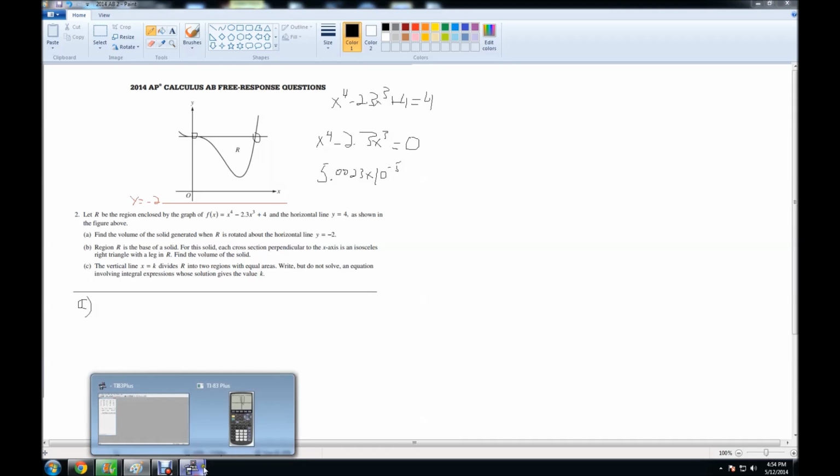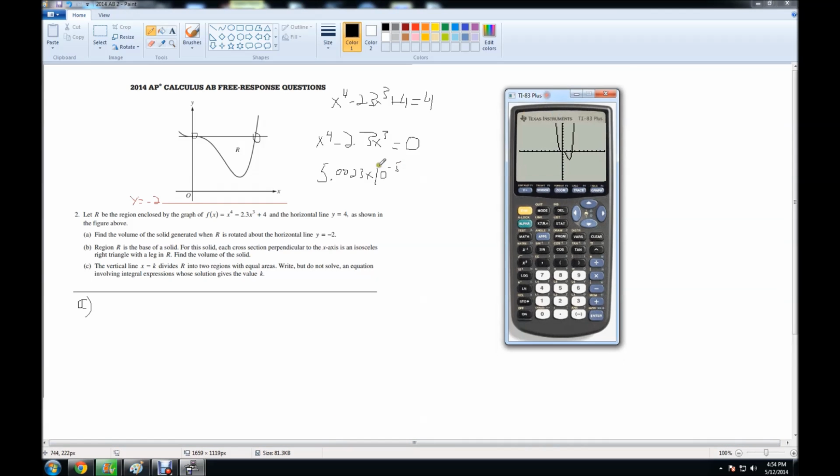Now, when a calculator gives you a number that's this small, or this close to a certain number, it's understood to be the whole number nearest to it, because this is 0.00005, which is pretty close to 0. So, if you wrote this on the AP test, I doubt you would lose points for it because this is the calculator's fault. However, since you could solve this by hand, I'm not sure.